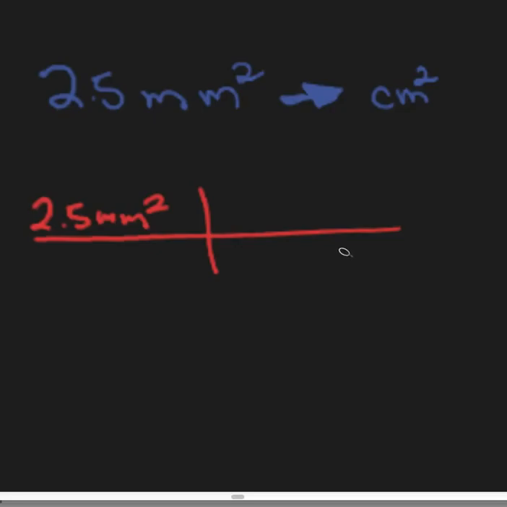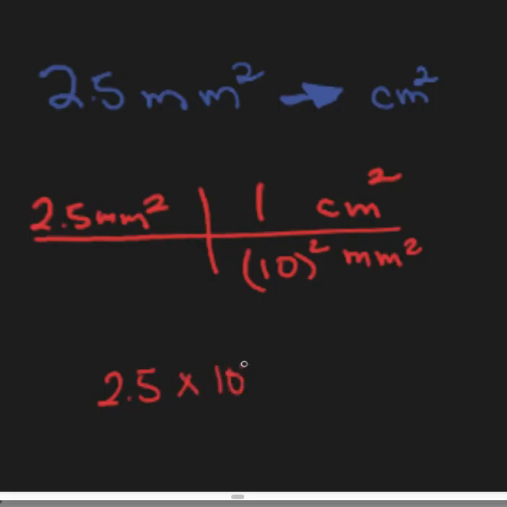After you come to understand this stuff a little bit better, you should be able to understand what I'm doing here. I put a 1 on the larger measure, and I put a 10 there, but because it's squared, I put a square there. That becomes 100. Then 2.5 divided by 100. I'll just be lazy and do 2.5 times 10 to the negative 2 centimeters squared.